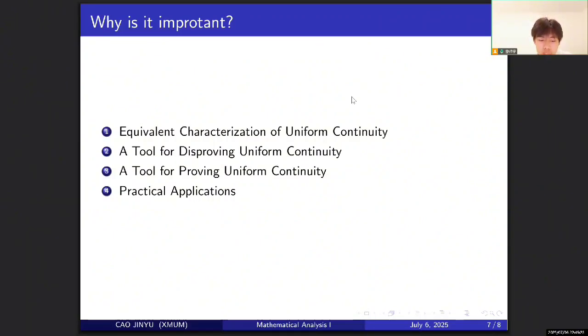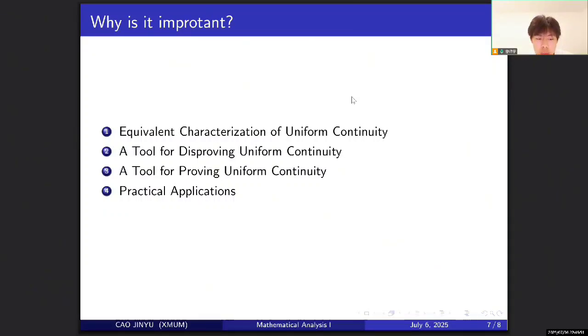To prove the function f is not uniformly continuous, we only need to find one special pair of sequences uk and vk such that the limit of uk minus vk as k approaches infinity is the zero vector, but the limit of f(uk) minus f(vk) as k approaches infinity is not the zero vector.